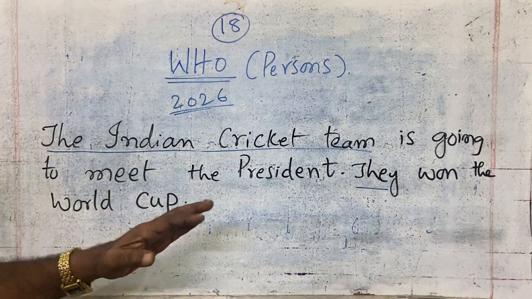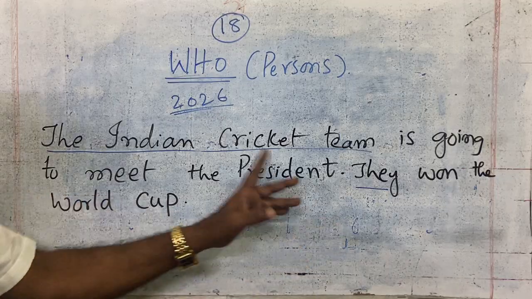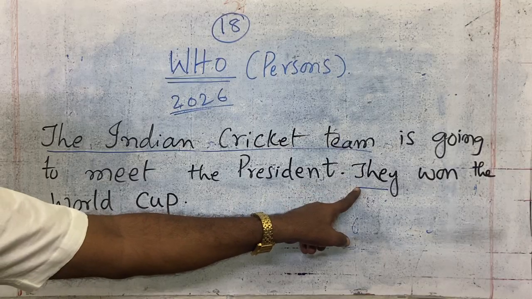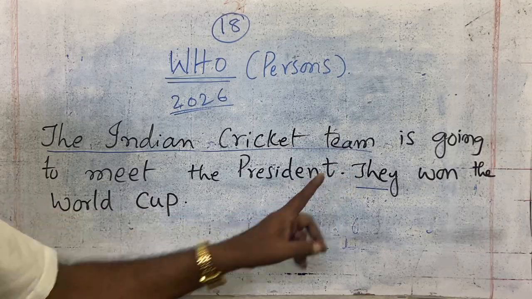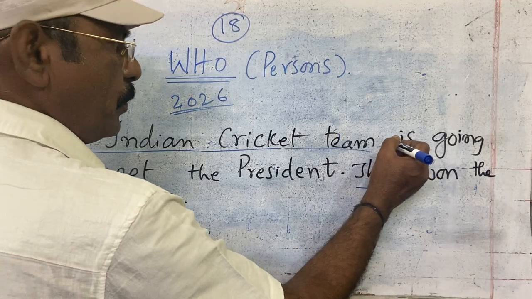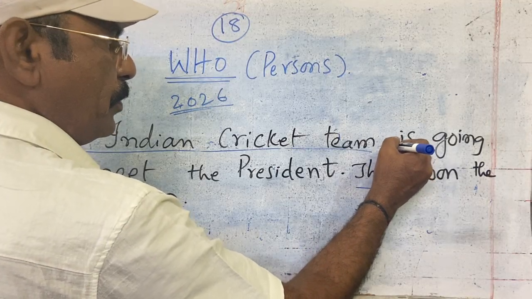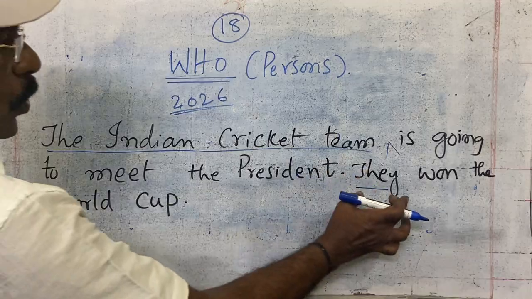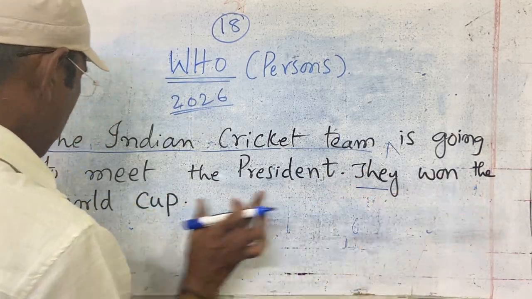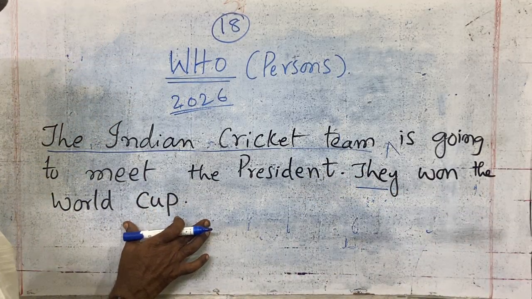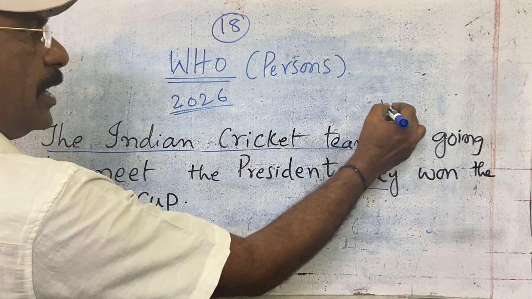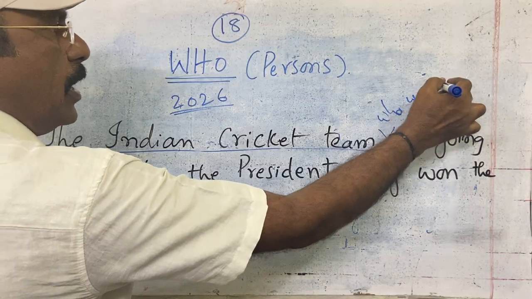So when you find the subject is the same in both sentences, you can give that relative clause there. So what do we have to use? Who, they have given. So who won the World Cup, because the subject is the same.